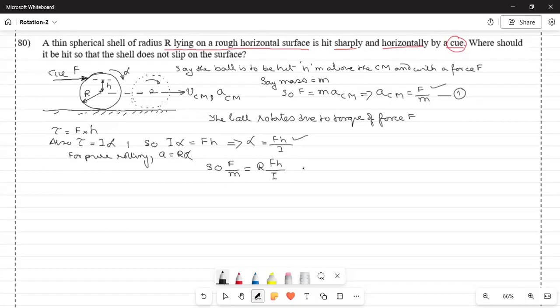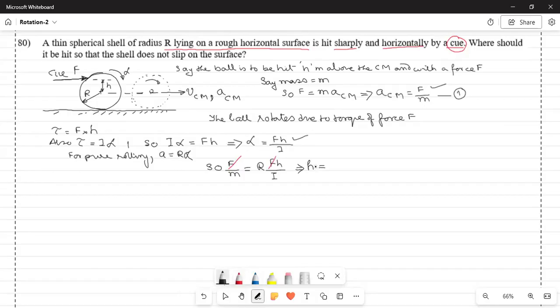Therefore, F on both sides gets cancelled.